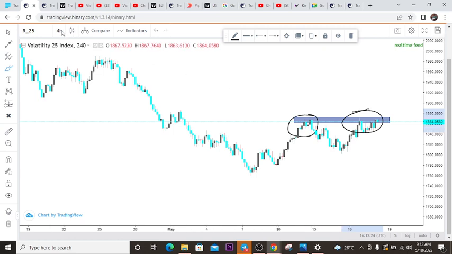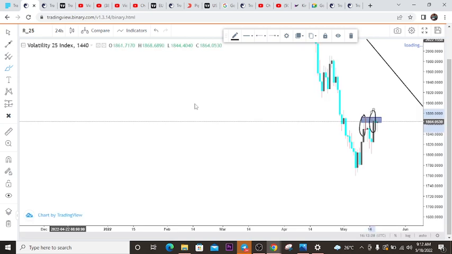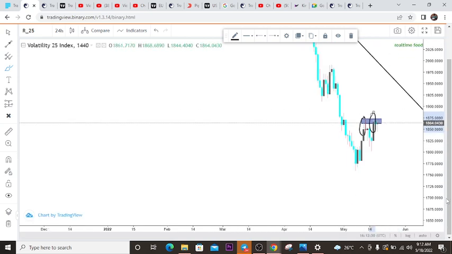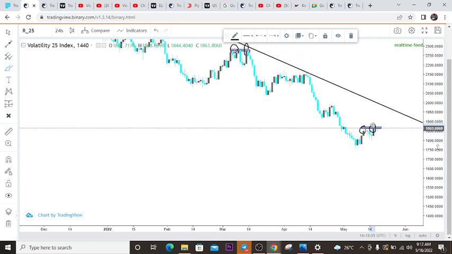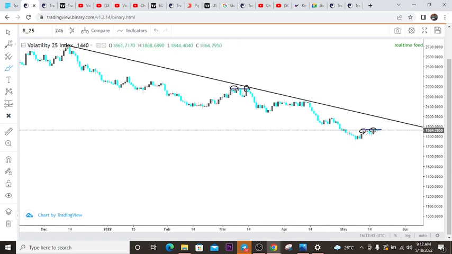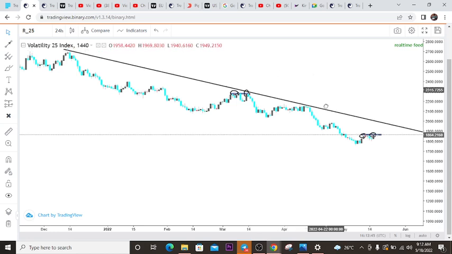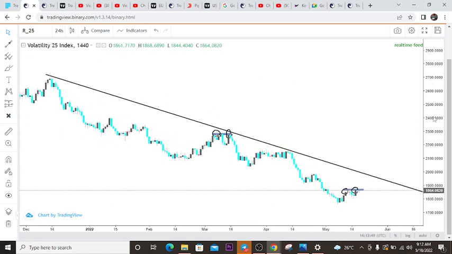And the overview of this trend, okay, the price is trending down. That means the double top is forming on the right trend. So whenever you see a double top in a clear downtrend, it is a good signal to enter, okay.